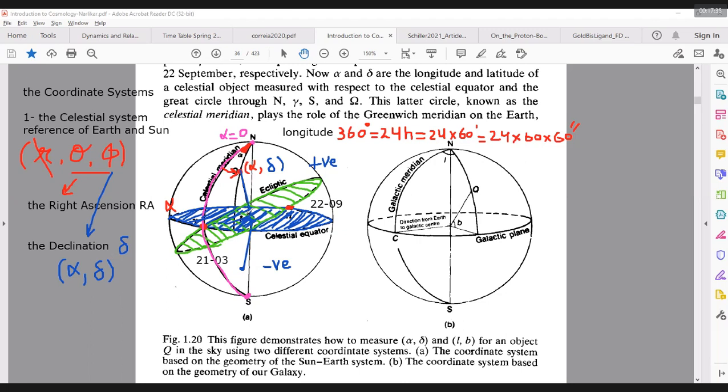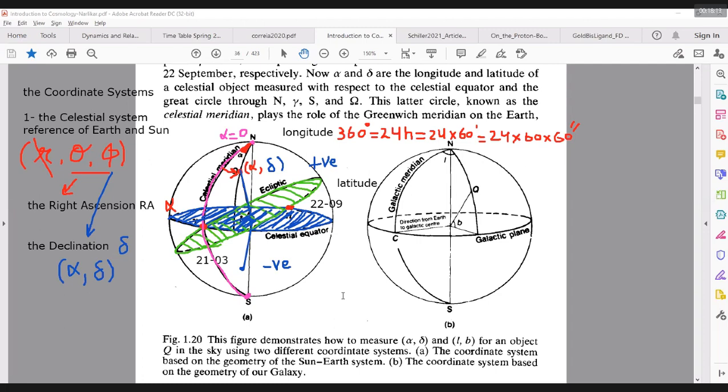So this angle between the two lines is named as the declination, just like the latitude on the surface of sphere. So these are the two parameters that are used on a sphere of a radius. The radius is equal to the distance from the center.